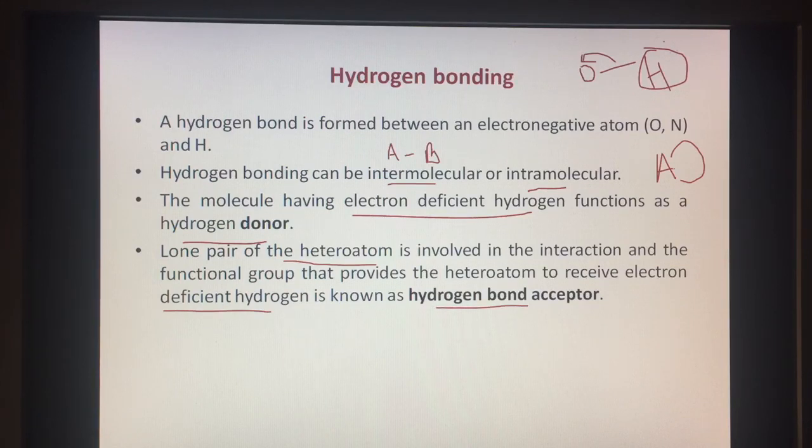Now this hydrogen which is deficient in electrons, and this is an oxygen having a lone pair of electrons. This lone pair of electrons may be involved in interaction or bond formation with this electron deficient hydrogen. So this becomes the hydrogen bond acceptor, and this becomes the hydrogen bond donor. This is where the hydrogen bond is formed.